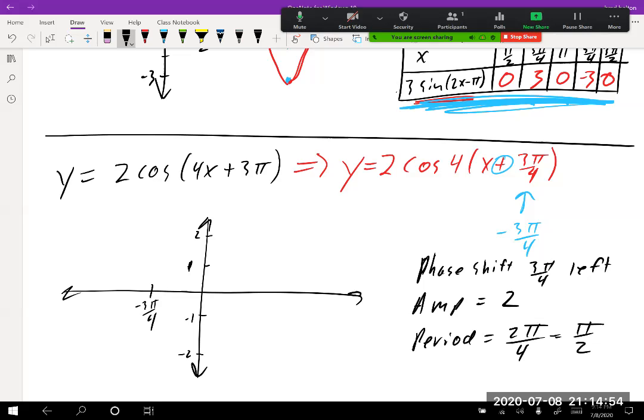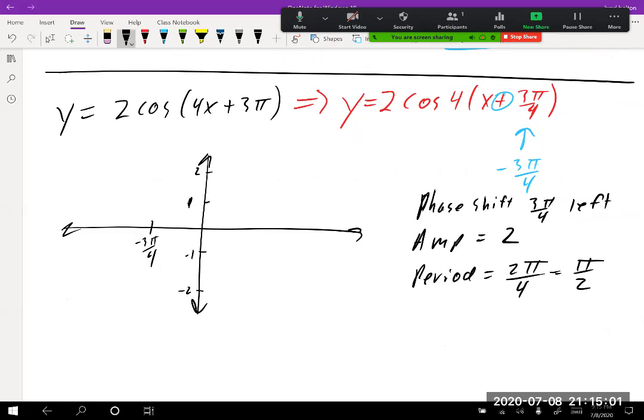Is that right? Let's see here. My omega was 4. Yeah, so I have to divide my period 2 pi by 4, so I get pi halves. Then my interval size is going to be pi over 2 divided by 4, which is pi over 8.